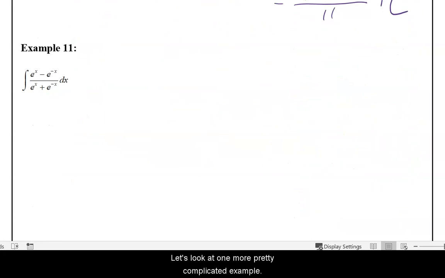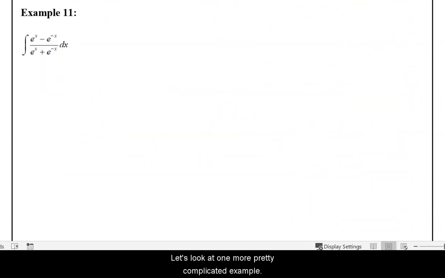Let's look at one more pretty complicated example. This is a function you've probably seen before. This is, in fact, one of the ones we looked at the beginning of the semester. This is tanh, or the hyperbolic tangent function, which is sinh divided by cosh, hyperbolic sine divided by hyperbolic cosine.